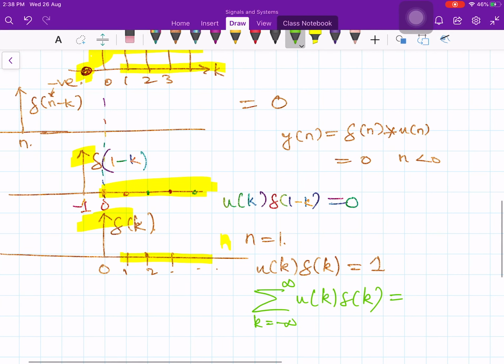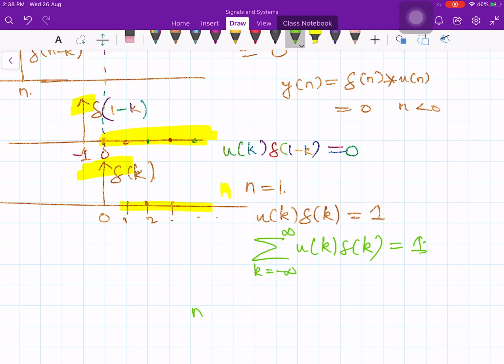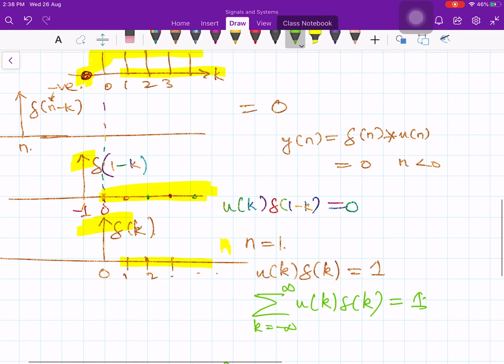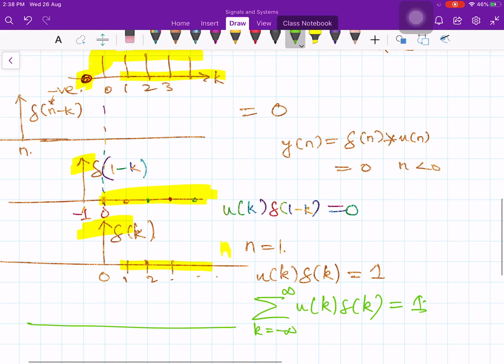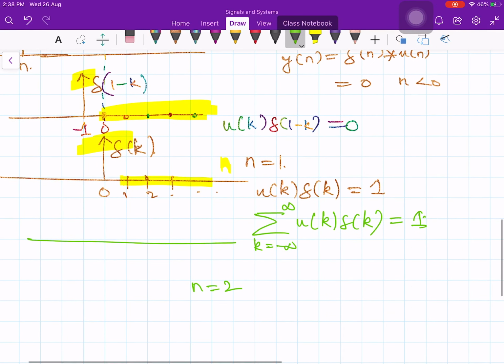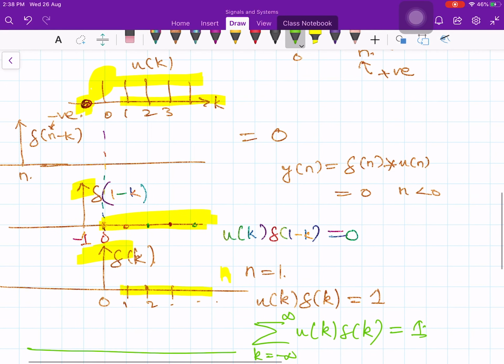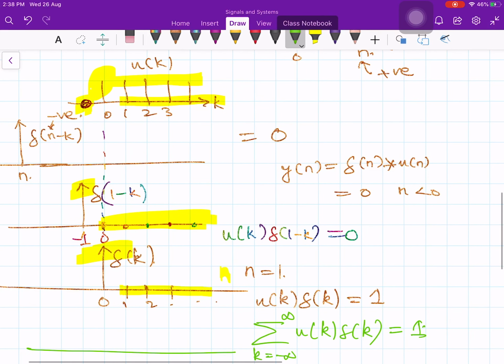Now substitute n equal to 2. Then what happens? Sorry, n equal to 1. Sorry, one minute. This is not n equal to 1, this is n equal to 0. I am sorry.